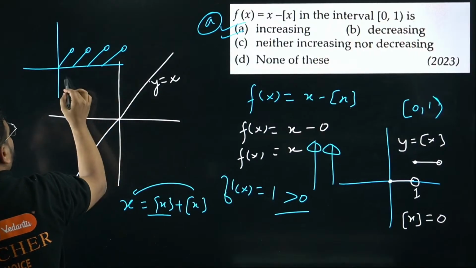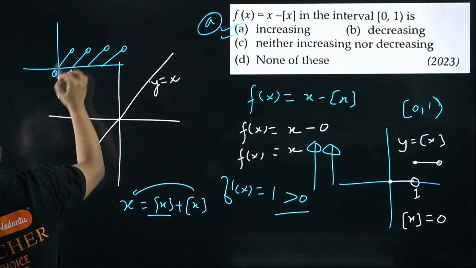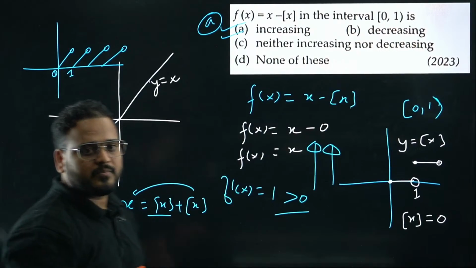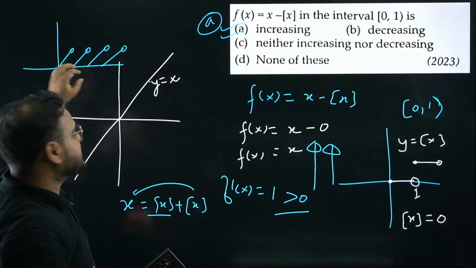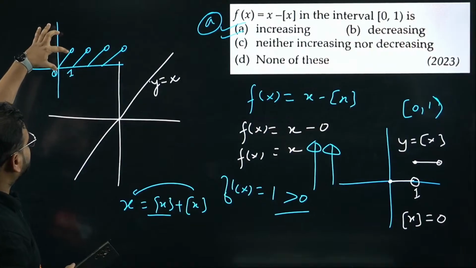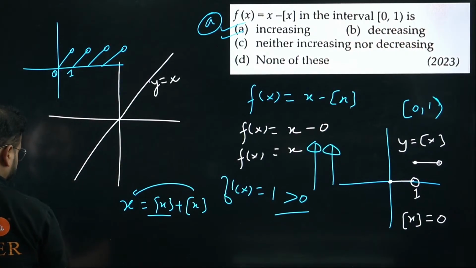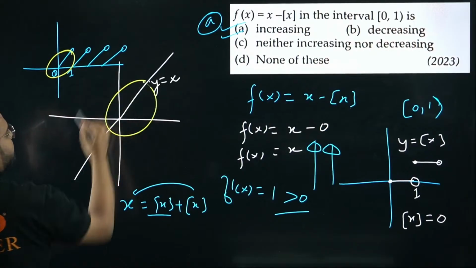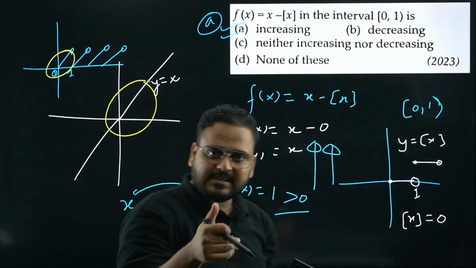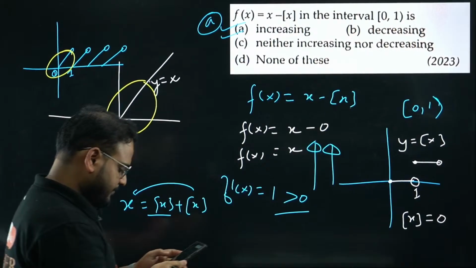If you check the 0 to 1 interval, this is 0, this is 1. You get a straight line, so it will be increasing in nature. Can you check the graph, Sai? If you're looking at the graph of the fractional part, you can see the graph is increasing in nature. Isn't this graph the same as this graph? Make sense? All of you? Yes. Chaliye.